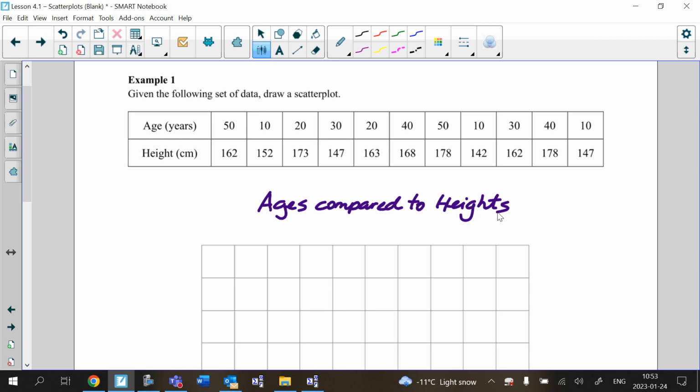We have to determine which one's the independent variable and which one's the dependent variable. Well, I suppose you could use either one, but usually height would depend on your age, whereas age doesn't so much depend on your height. So we'll use age as the independent variable and height as the dependent variable.